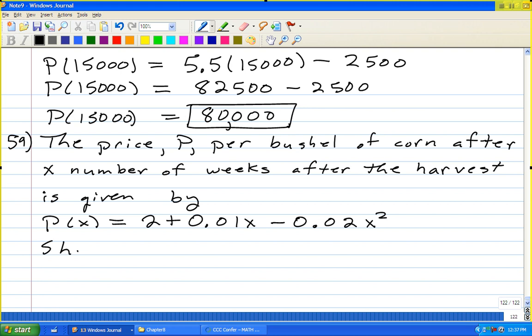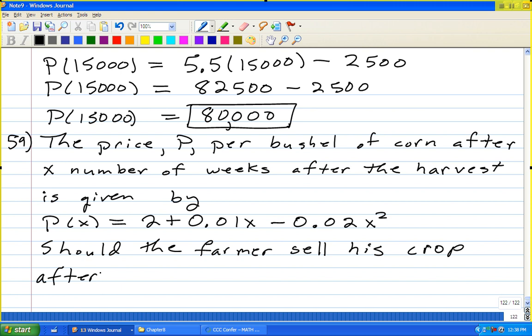Should the farmer sell his crop after 2 or 3 weeks?